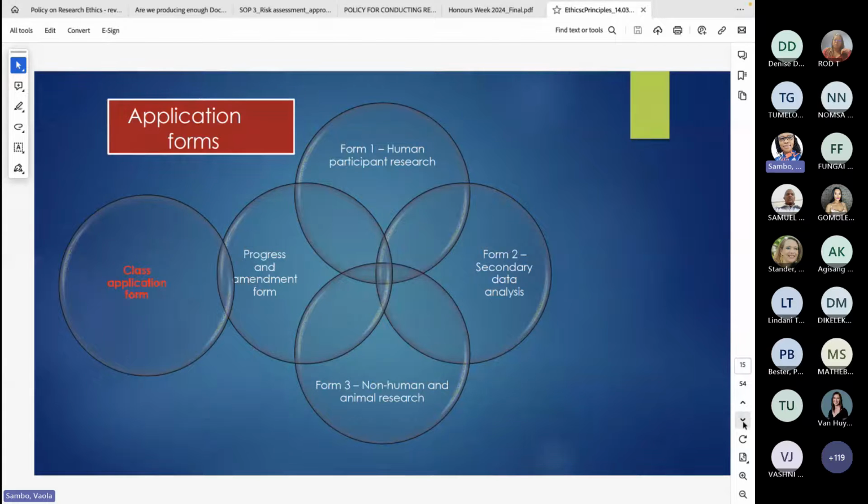One of the conditions when we grant you ethics clearance is that you would inform us if there are any significant changes that occur in your research, right? And then you use this form to inform us of such changes. And in most instances, this form is also used to extend the validity of ethics clearance.